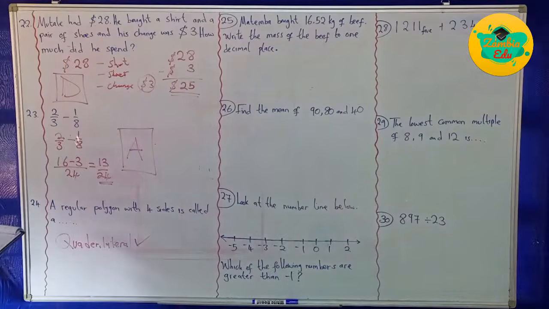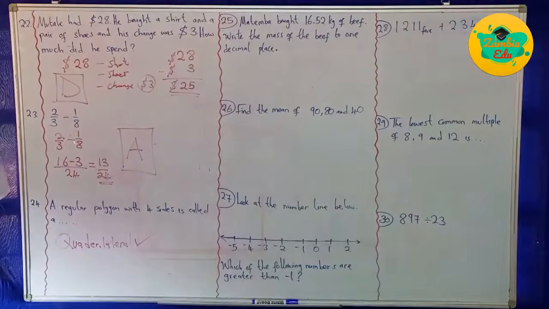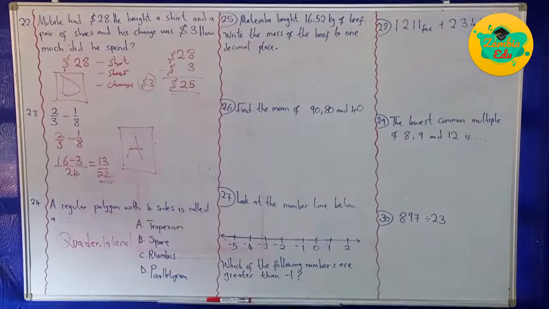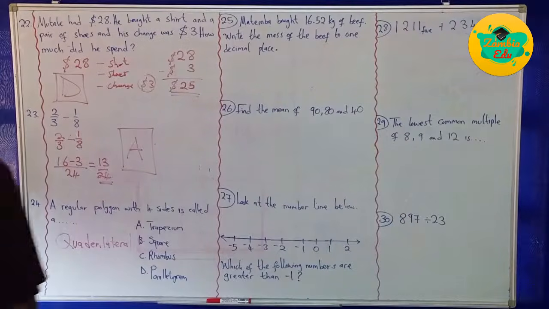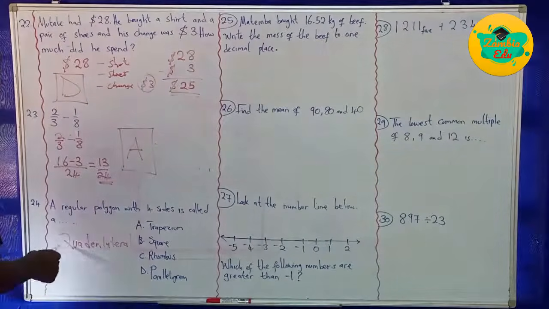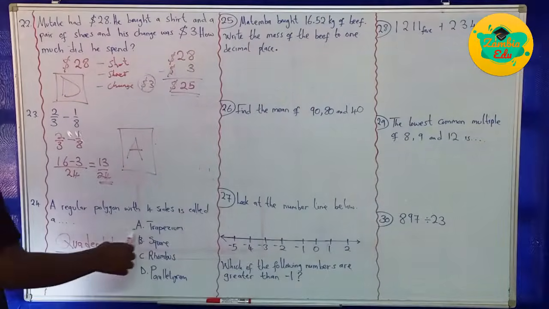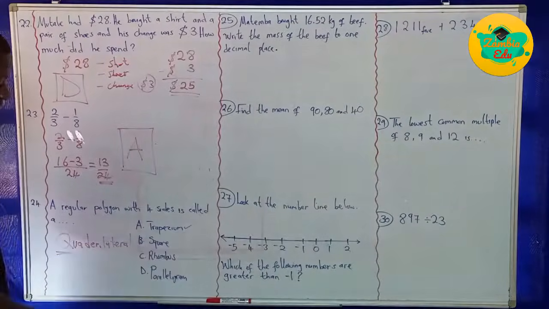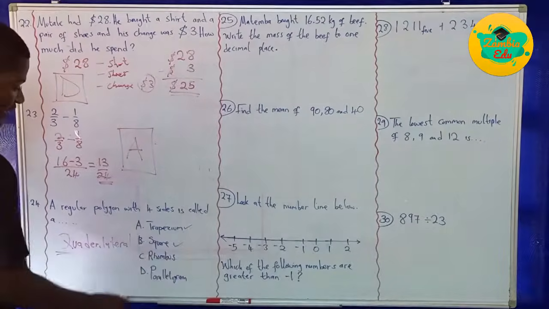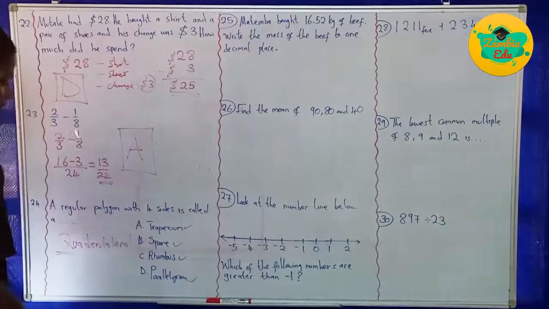Now, among the answers that we have, a shape with 4 sides we've established is a quadrilateral. When we come to the answers, A trapezium, B square, C rhombus, D parallelogram.